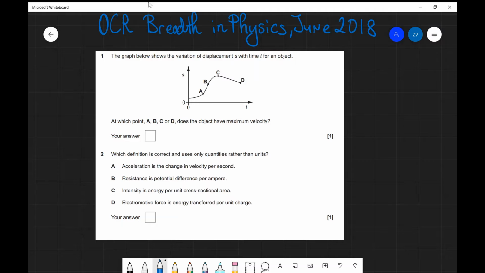Question number one, the graph below shows the variation of displacement s with time t for an object. At which of those points does the object have a maximum velocity? Now, the steeper the gradient of the tangent of this curve, the greater the velocity, because in this case the gradient of the tangent is going to indicate the velocity.